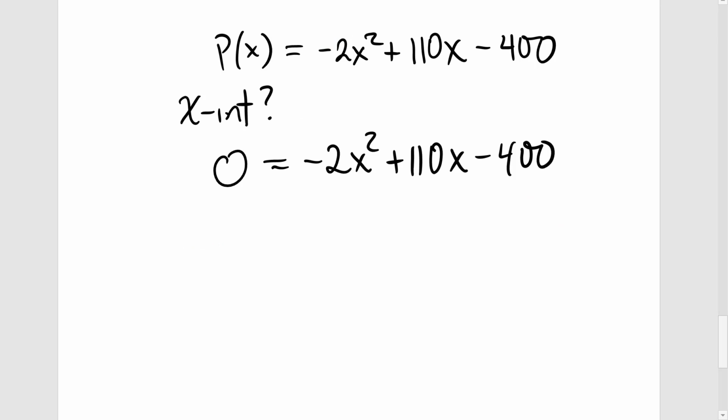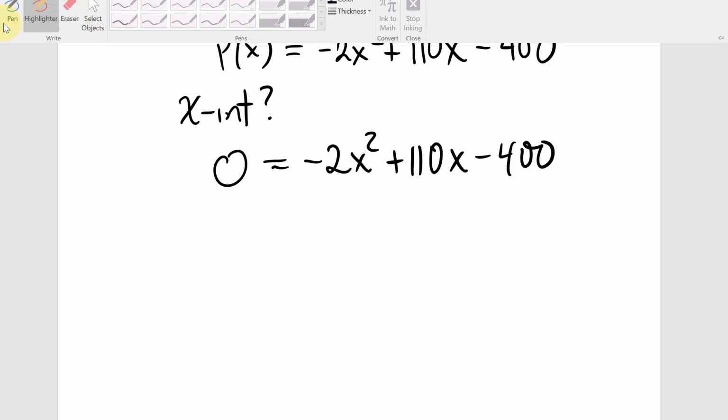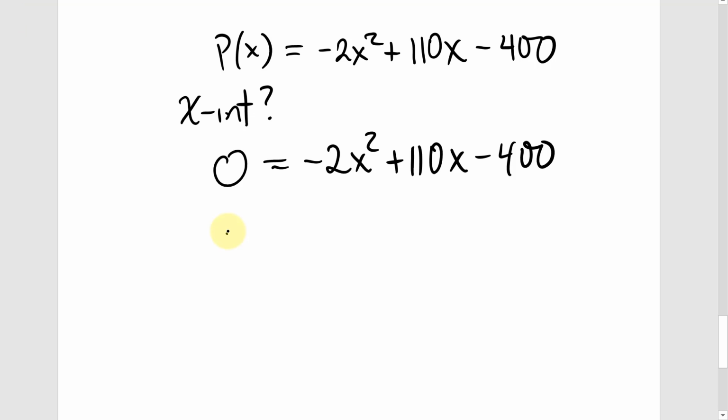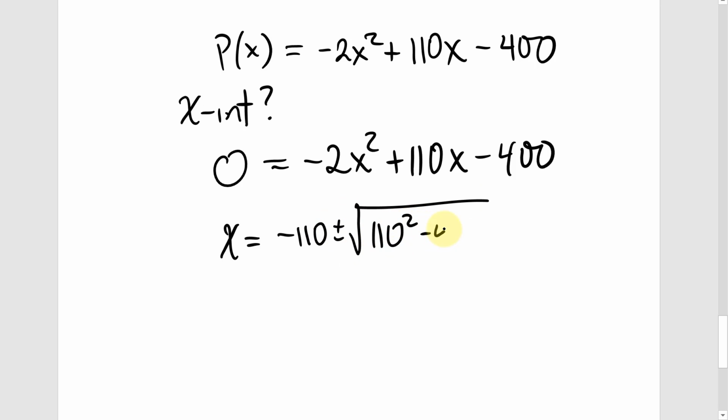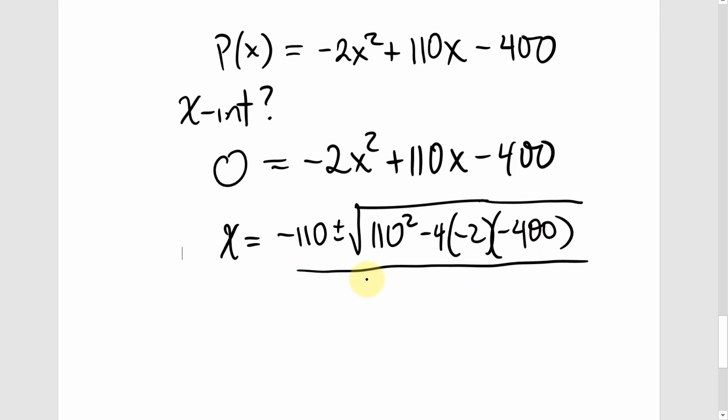So solutions are found by this formula. X equals negative b, so negative 110, plus or minus the square root of the b value squared minus 4 times the a value times the c value, which is negative 400, everything divided by 2 times the a value.